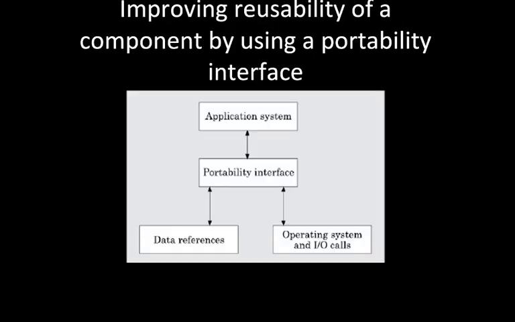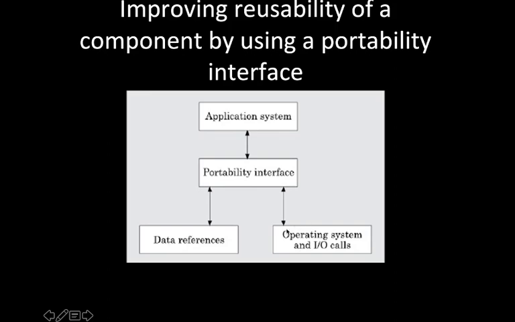Then we have how to improve reusability with a portable interface. There is an architecture for that. The portability issue can be overcome if we have an architecture like this. We have the application system, a portability interface, and the operating system, IO calls and data references.